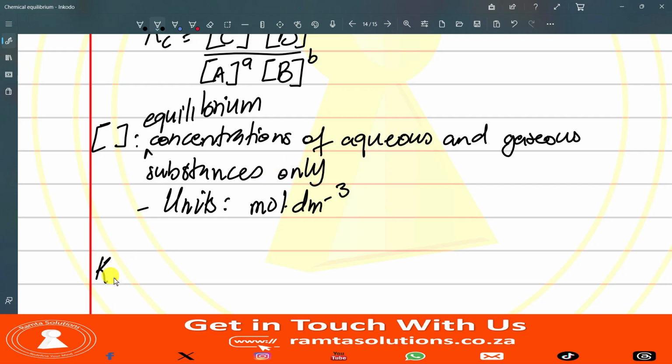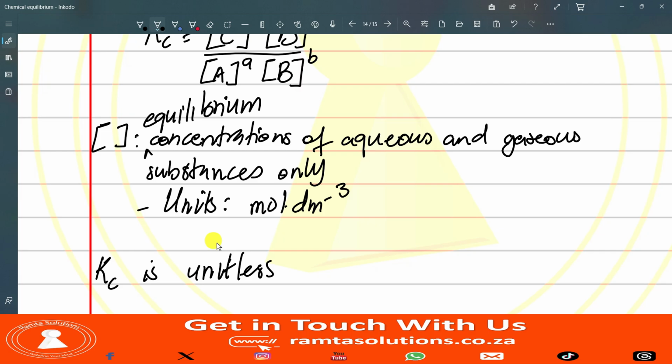Another thing you need to know is that Kc is unitless. Again, the reason is not part of your syllabus. It is advanced. You will learn more about it next year if you're doing science, and maybe if you're studying engineering and also health sciences, because you will learn about rate laws and thermodynamics. For now, I'm not going to tell you why it is unitless.